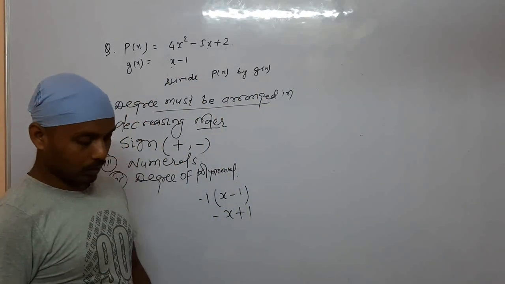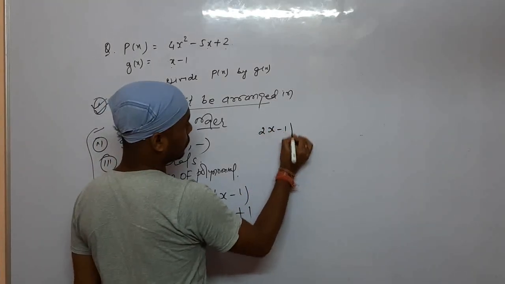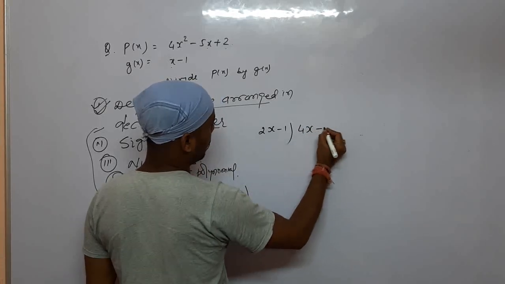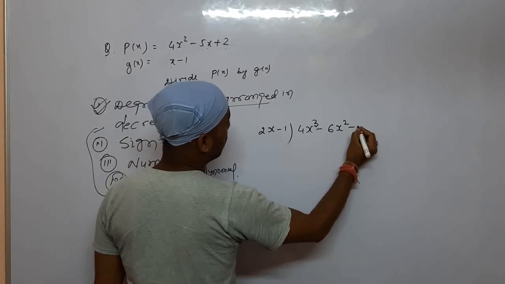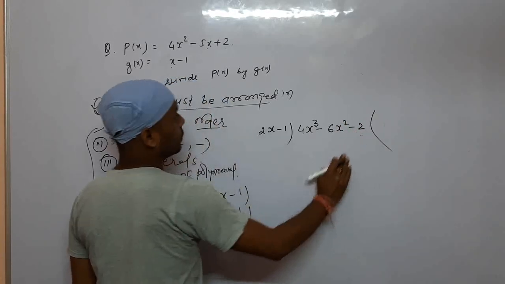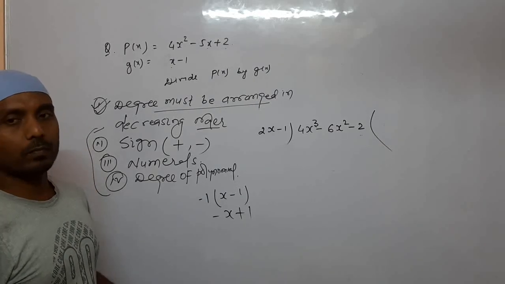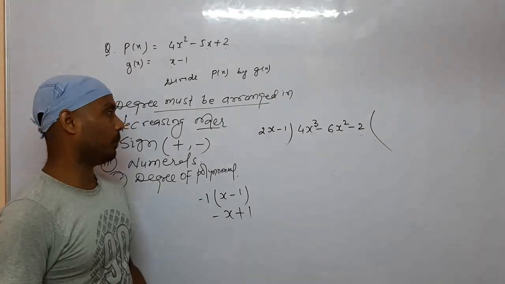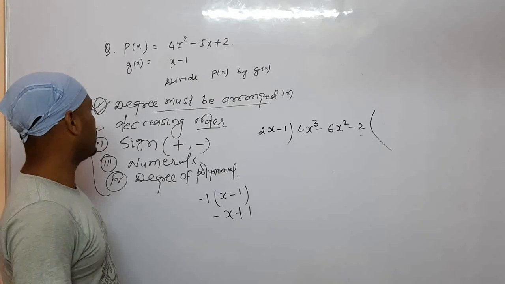Suppose a divisor is given as 2x minus 1 and you have to divide 4x cube minus 6x square minus 2. This is your division. What will you do now? For dividing, we have to follow the same process.